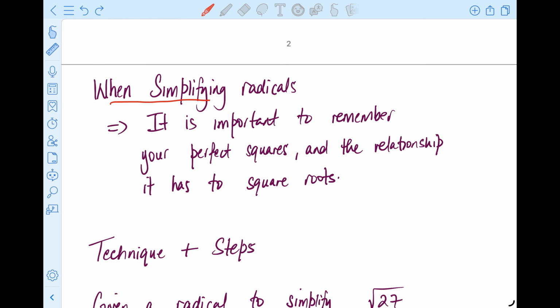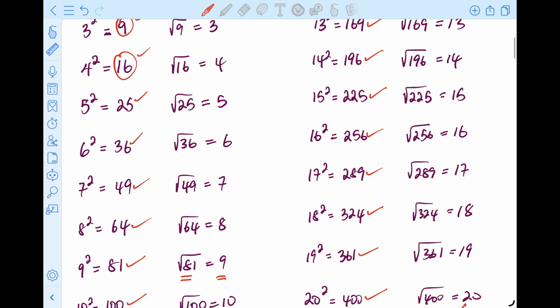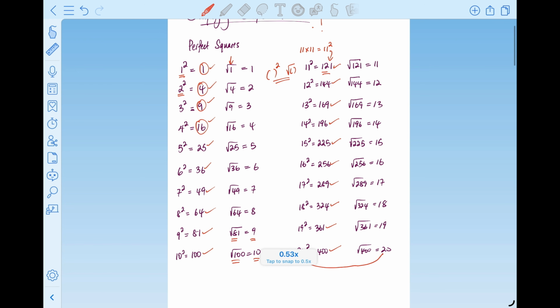When simplifying radicals, it is important to remember all your perfect squares. That's these, we just wrote them down. 1, 4, 9, 16, 25, 36, 49, 64, 81, 100, 121, 144, 169, 196, 225, 256, 289, 324, 361, 400.